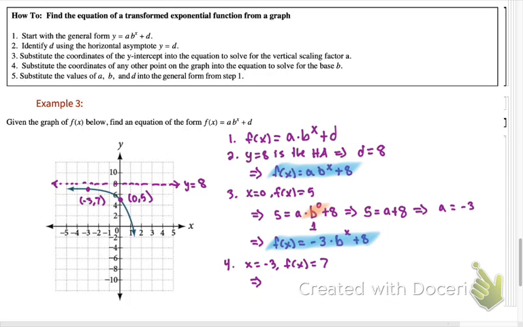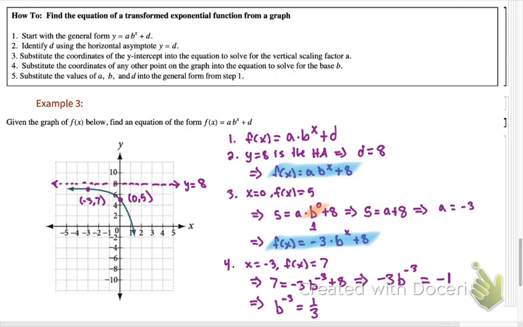So 7 equals negative 3 times b to the negative 3 plus 8. Now we can subtract 8 from both sides. So negative 3 times b to the negative 3 equals 7 minus 8, which is negative 1. And we can divide both sides by negative 3. So b to the negative 3 is going to equal 1/3.